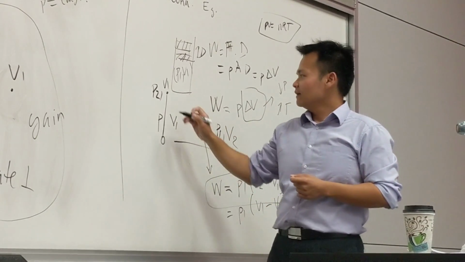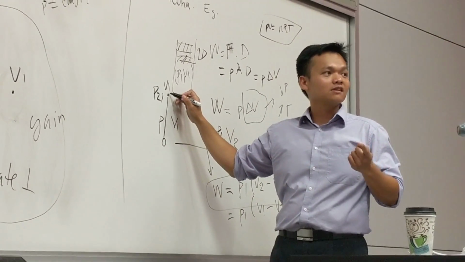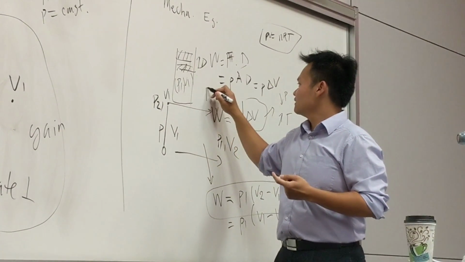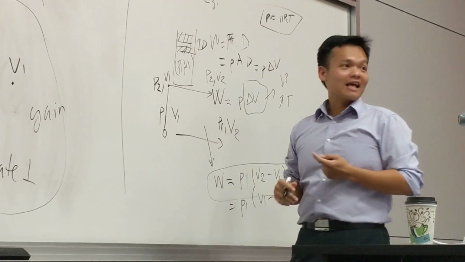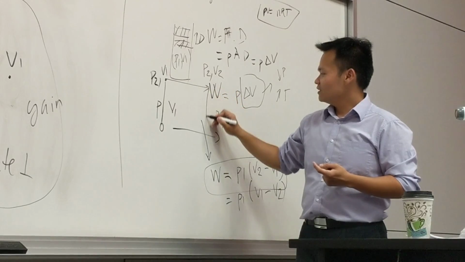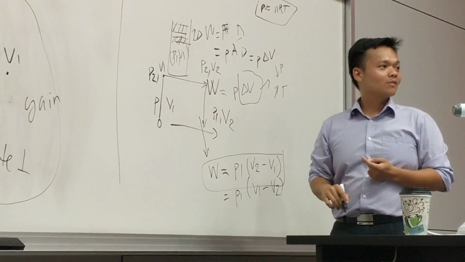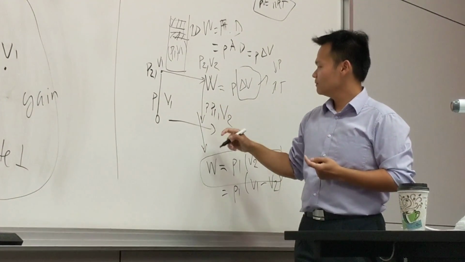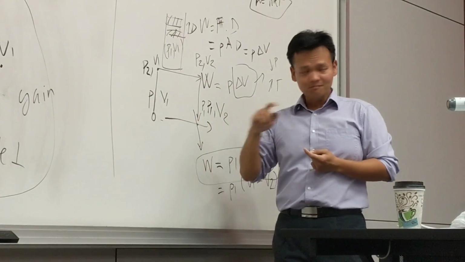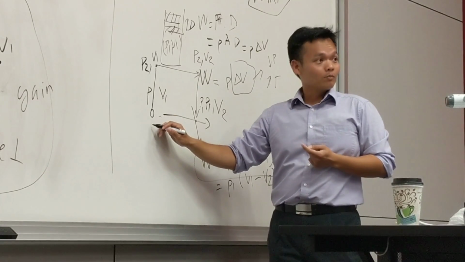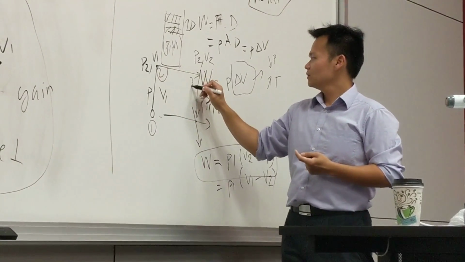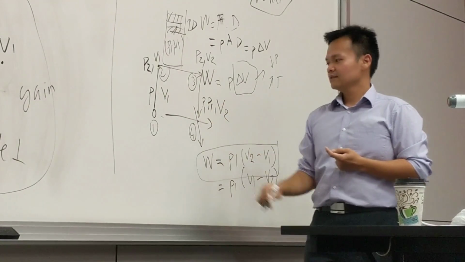From here, I keep pressure constant and let the piston expand. Now I allow the engine to do work to the environment, and state 3 is exactly volume 2. From here, I let the system cool down, keeping volume constant, so the pressure drops back to pressure 1. And from here, it's back to its reset point, the original state. I call these states number 1, 2, 3, and 4.